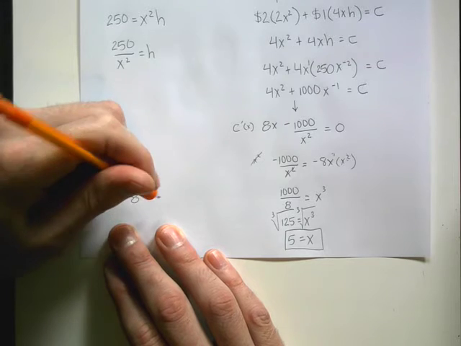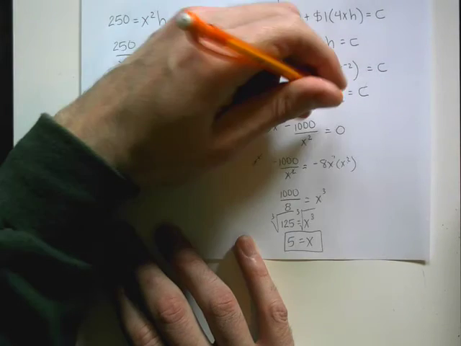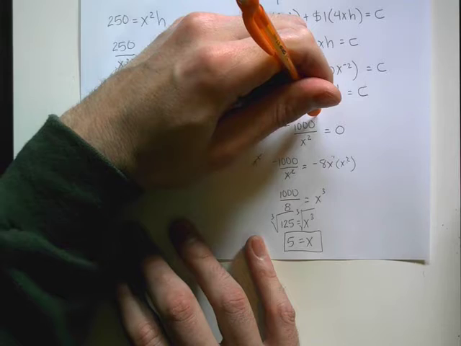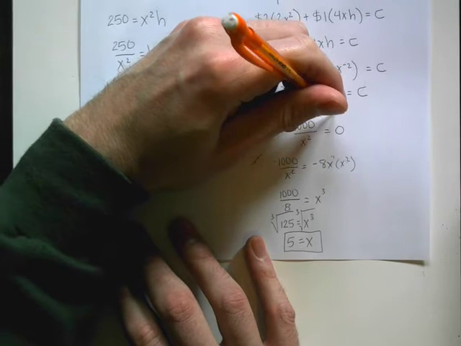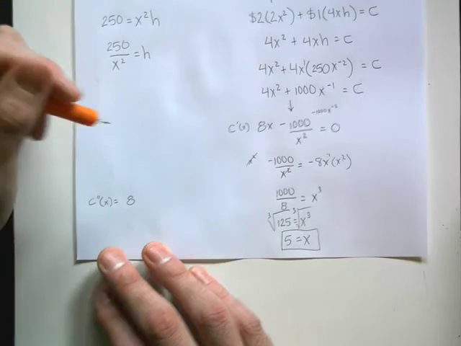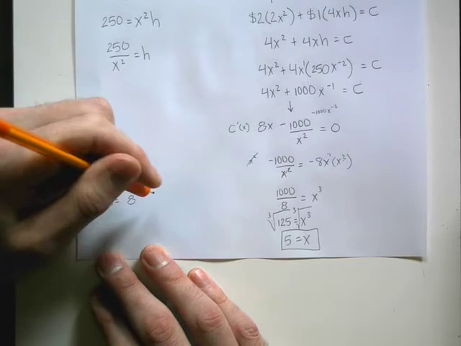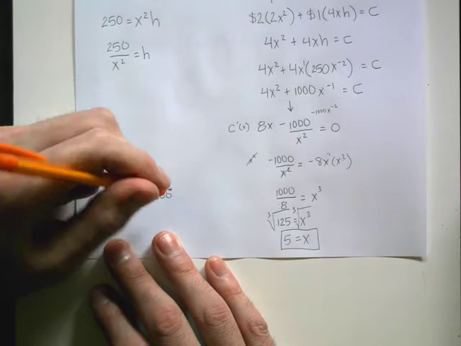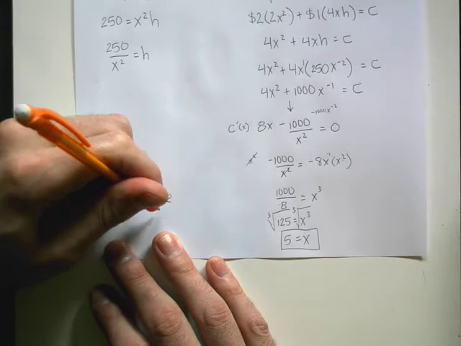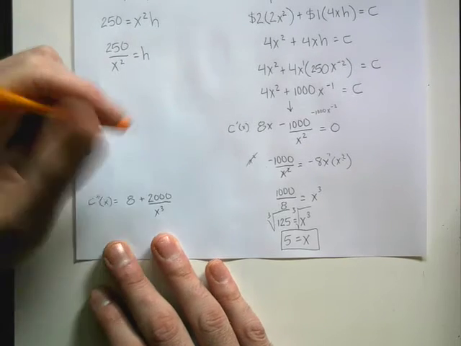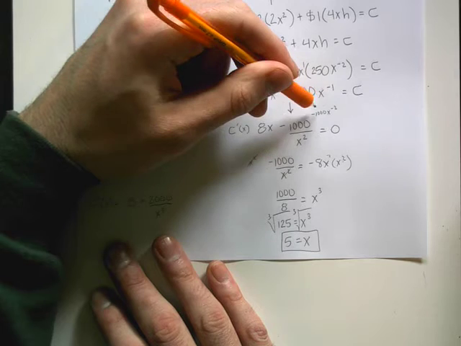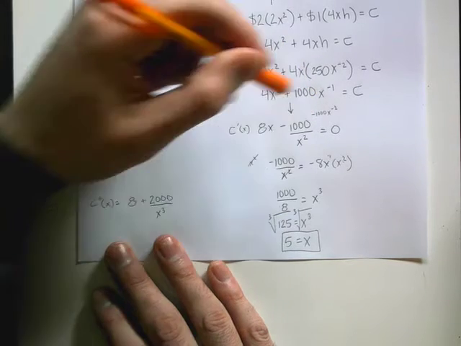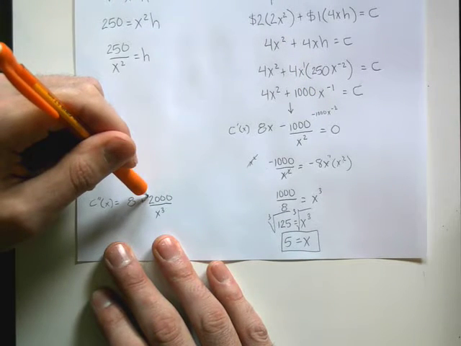And then just so we're not lost here, this is the same thing as minus 1,000 x to the negative second. So when I take the second derivative of that, that would be plus 2,000 x to the negative third, or over x cubed. Okay, I took this negative 2, brought it out front, so that's what gave me positive 2,000.